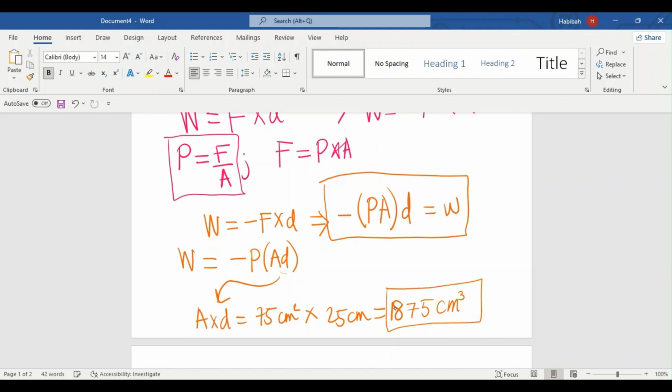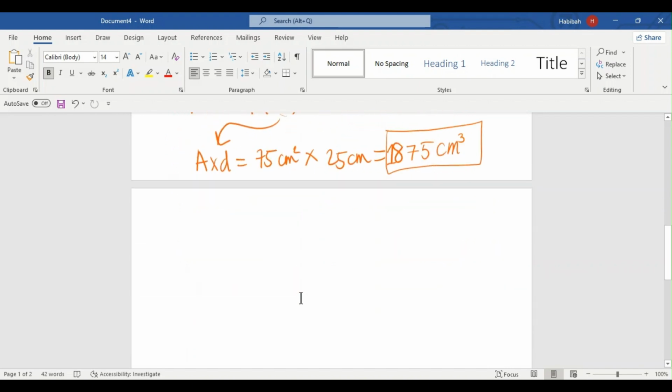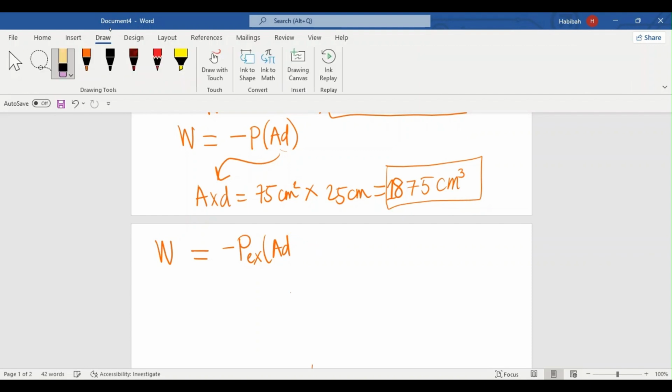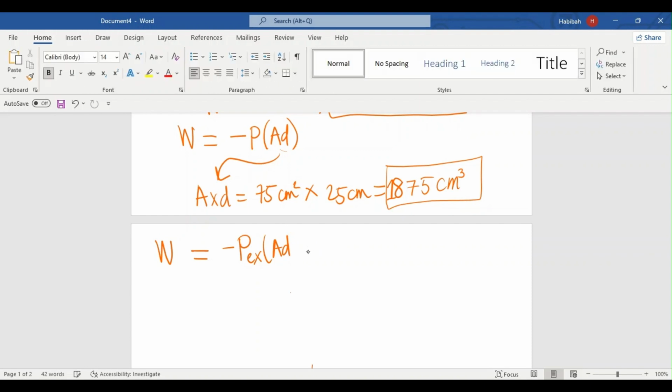So work now is going to be negative external pressure times AD.